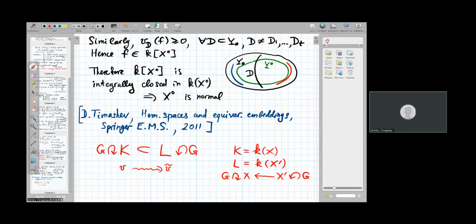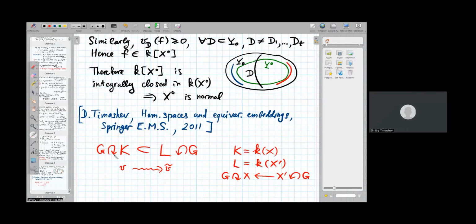I'm asking if the extension of valuation is purely algebraic, irrelevant about the theory of algebraic groups. So you are not interested in the action of G. So what is your question? I mean, is the extension of valuation independent of the theory of algebraic groups?